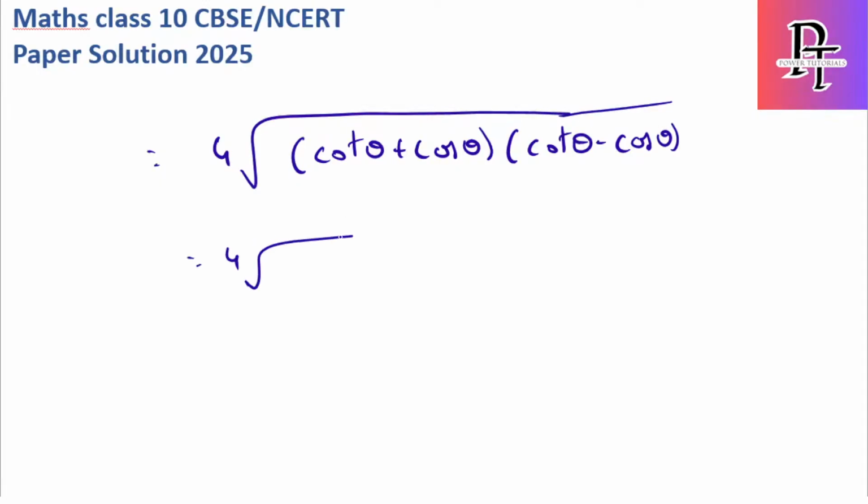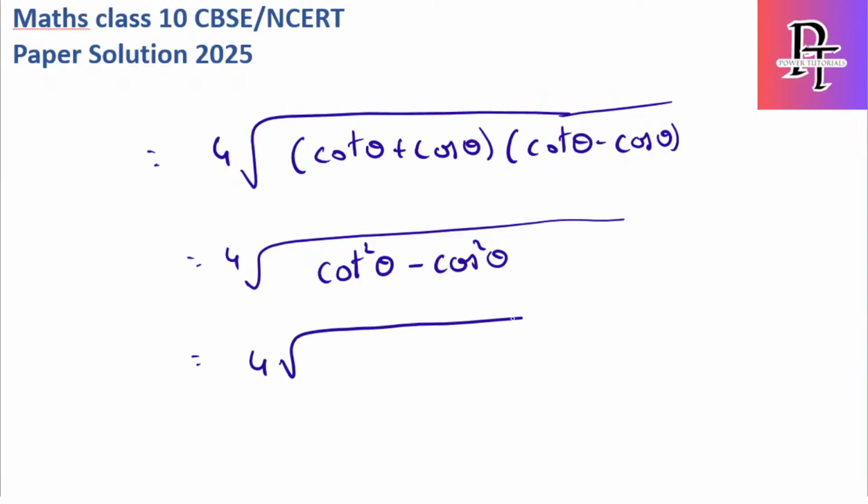I can rewrite this as a plus b into a minus b, which is a square minus b square. So here I can simply write it as cot square theta minus cos square theta. Cot theta is nothing but cos by sine. So I will write this as cos square theta by sine square theta minus cos square theta.